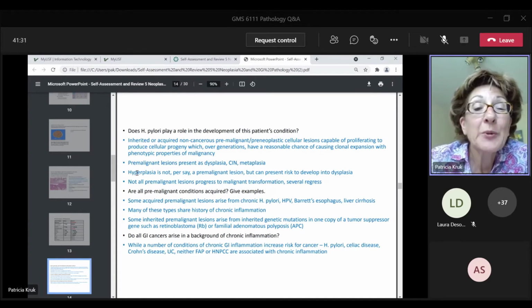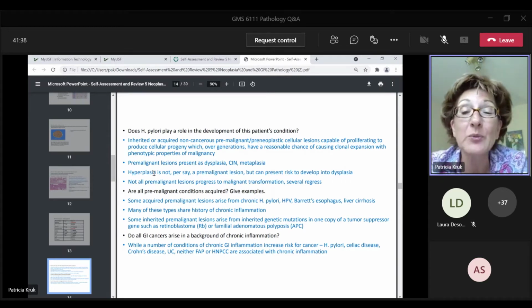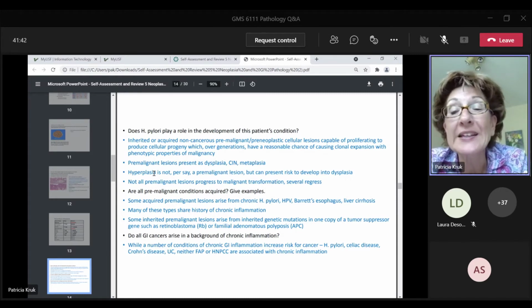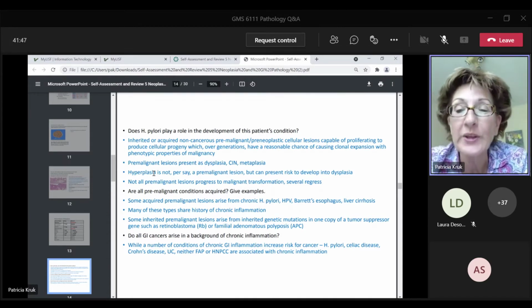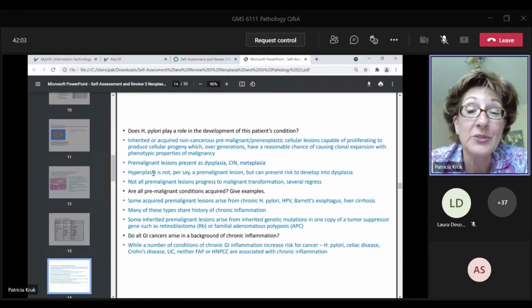Hyperplasia by itself is not really a pre-malignant lesion, but we have to be careful when we see it, because it might resolve, but if it doesn't, it can slowly increase and develop into dysplasia, and then dysplasia can eventually go into malignant transformation. So all of these are not malignant, but while some of them regress, there's always the risk that they can continue and eventually become out-of-control growths and become cancers.